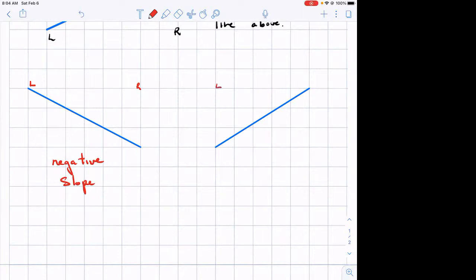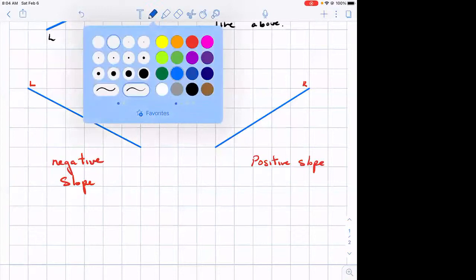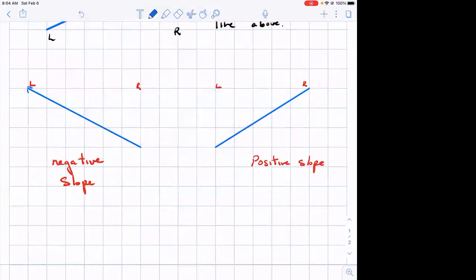Once again, left to right, this slope is positive. So these are all lines that we're looking at. They are continuous lines. Each one of these is a continuous line.